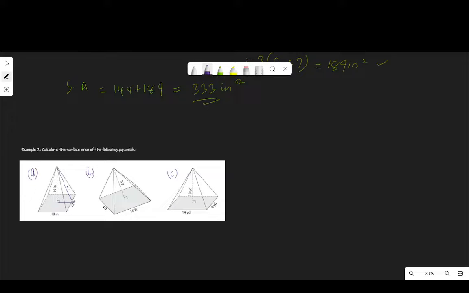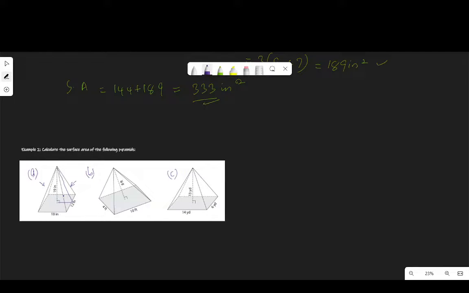That will give me the height of this triangle here that makes up one of the faces of the pyramid. And this triangle here is exactly the same as this triangle here, this side here.